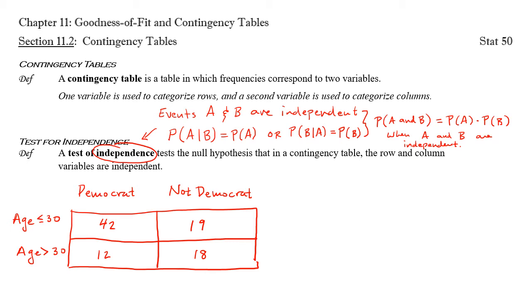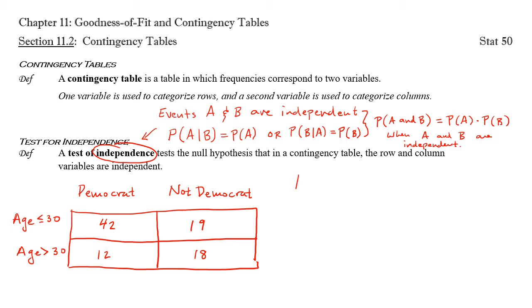We had 19 that were not Democrat and were under the age of 30. And for the group that were Democrat and over the age of 30, we had 12. And for the group that were not Democrat and over the age of 30, we had 18. So a question here might be, are these two variables independent? That would be the question that we would try and answer here.